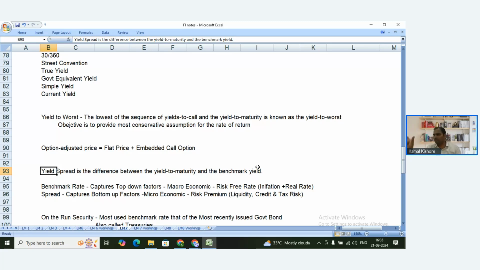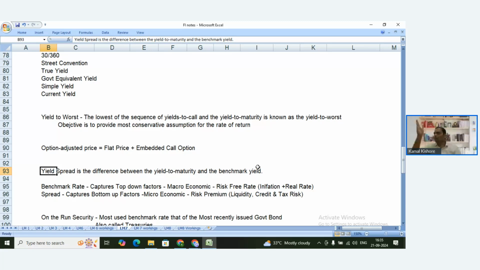Spread means difference. Even though we cannot use the word risk premium here, it is your risk premium. Risk-free rate plus risk premium is equal to my required rate of return. Where did you see this? APM. Same thing: the difference between my required YTM and the benchmark yield.